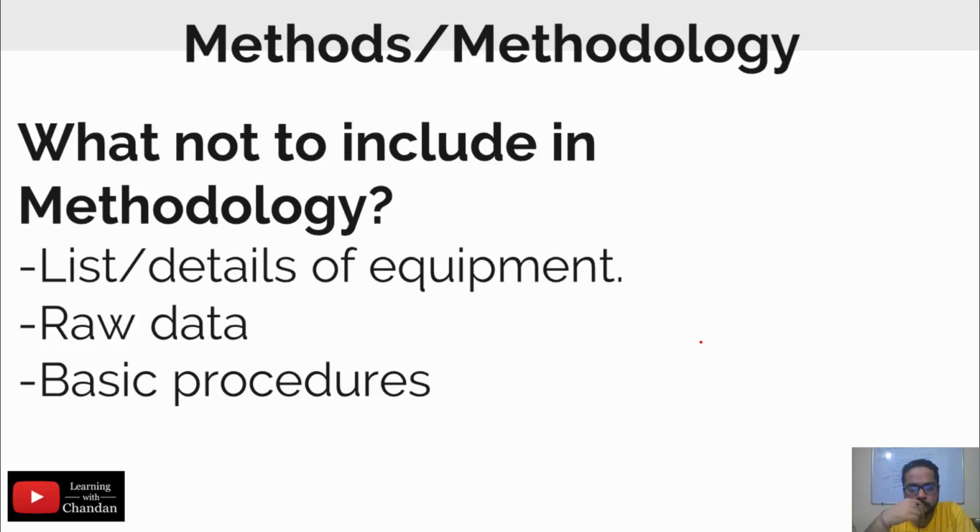It is okay to share their name, but don't go on to tell the name of the multimeter that you used or something like that, unless, I'm not saying you don't have to write, unless they are a really significant part of your work. Like I know a case where we have to measure current in the microampere range.